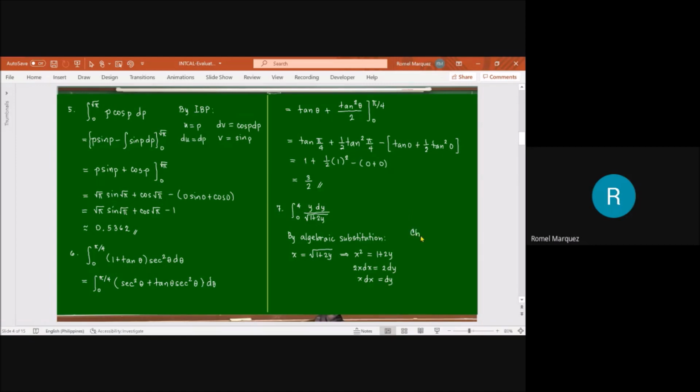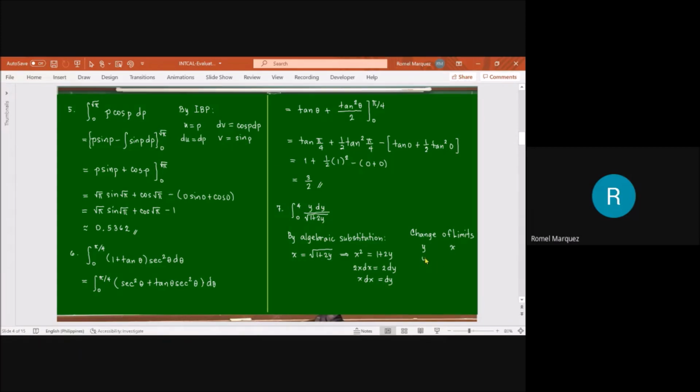So how to change the limits? Change of limits. Meaning, from values of y, we're going to have values of x. So we have x, the original variable, and then y. Then we're going to have now the variable x. Originally, what are the limits, guys?